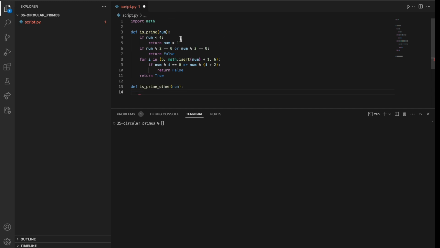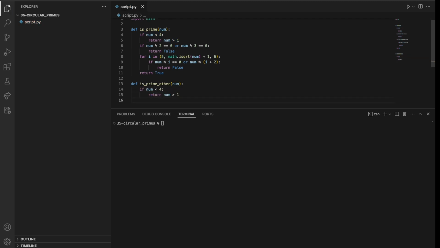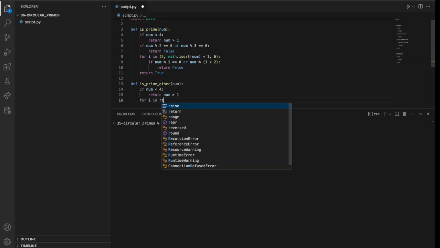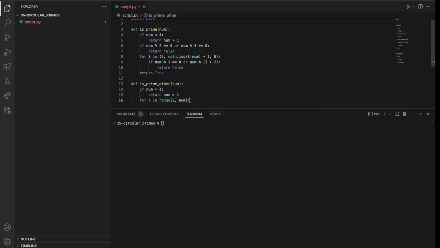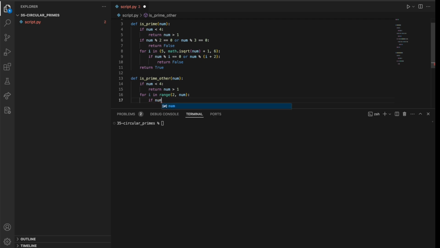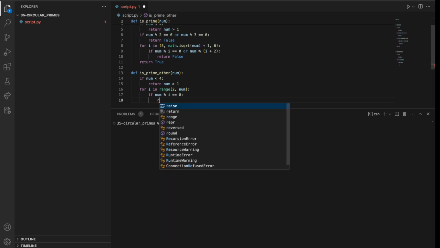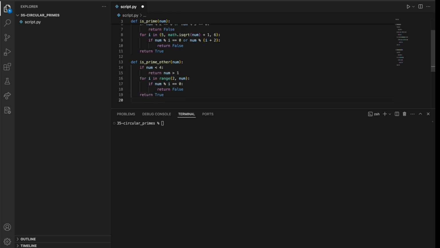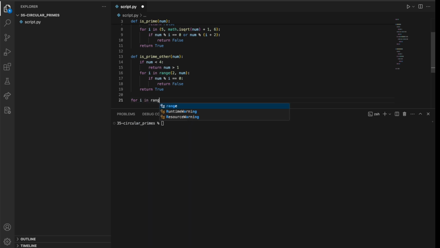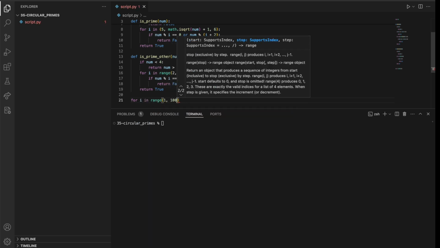So we'll copy over this stuff from the first one, but otherwise we can say for I in range 2 to num, if num is divisible by I, then we return false, and then we can return true. And then we can just test this out really fast.